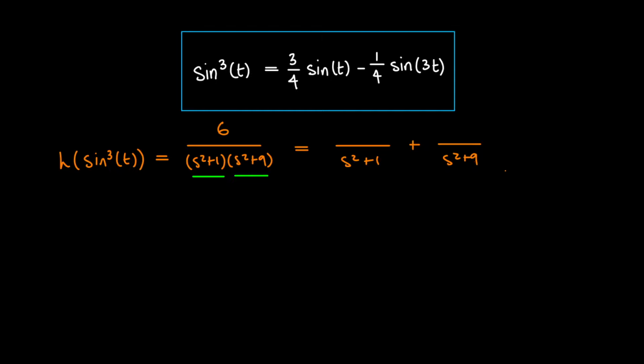That's the partial fraction decomposition. You can always do this. Now, what will that something be? In this case, you can check, but it'll be 3 over 4. I'll leave you to calculate that if you're interested. And here, this will be negative 3 over 4. Okay. And then everything works out.